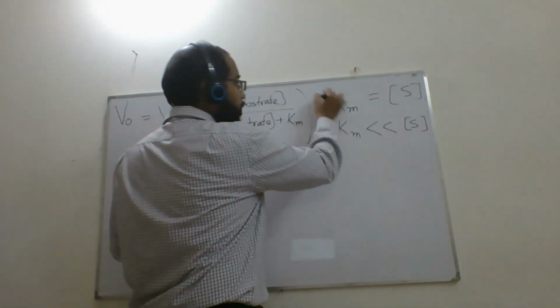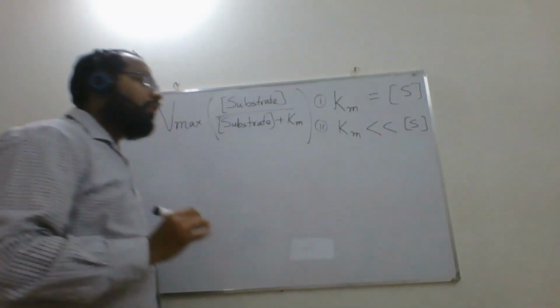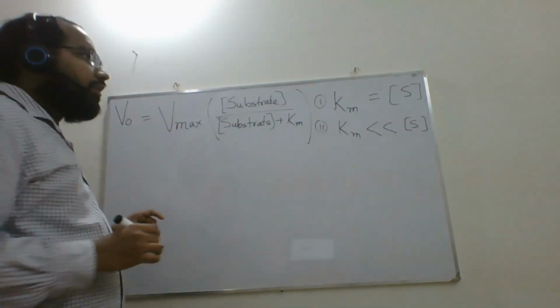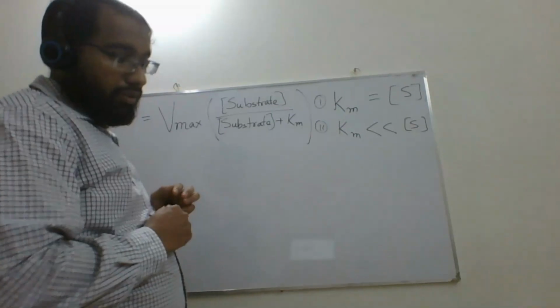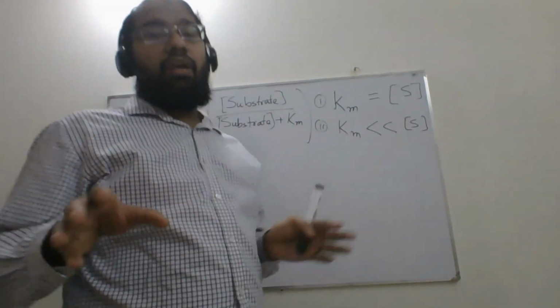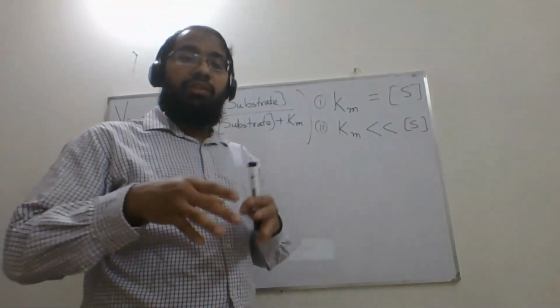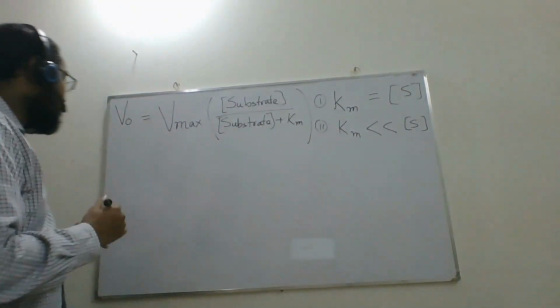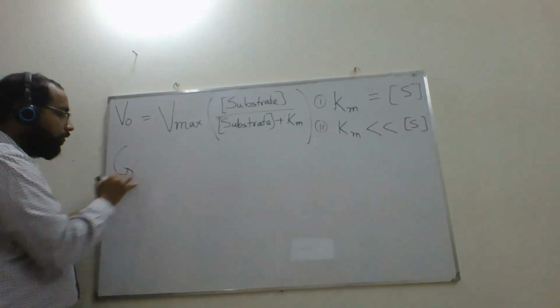If we say this is condition 1 and this is condition 2, now if Km equals the substrate concentration, that means the Michaelis-Menten constant is equal to the substrate present in your reaction mixture, then what will happen to this equation?